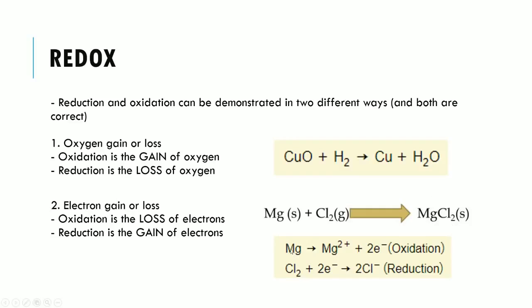If you take a look at it separately, magnesium has lost 2 electrons to form the magnesium cation, and therefore because it's lost electrons, it's said to have been oxidized. Whereas chlorine, on the other hand, the molecule has gained electrons to become the ion, therefore it's an example of reduction because it's gained electrons.